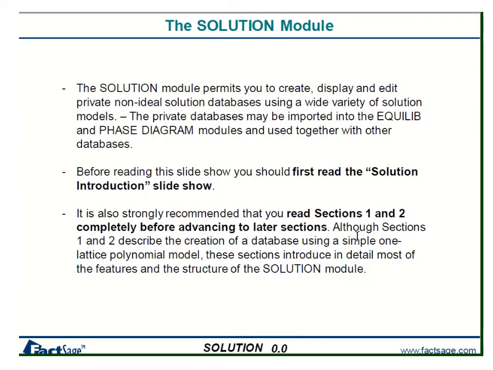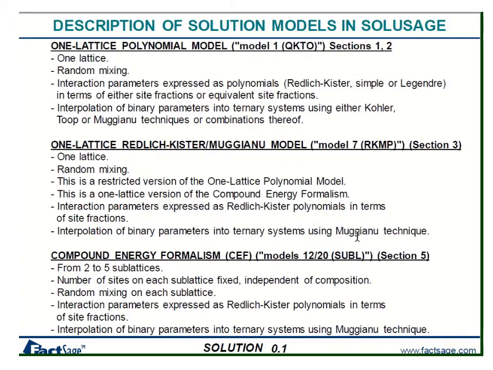Let me briefly show you the general concept of the Gibbs energy for the binary solution first. In FactSage we have many solution models. For example, the very first one is the one-sublattice polynomial model, which we call model number 1.